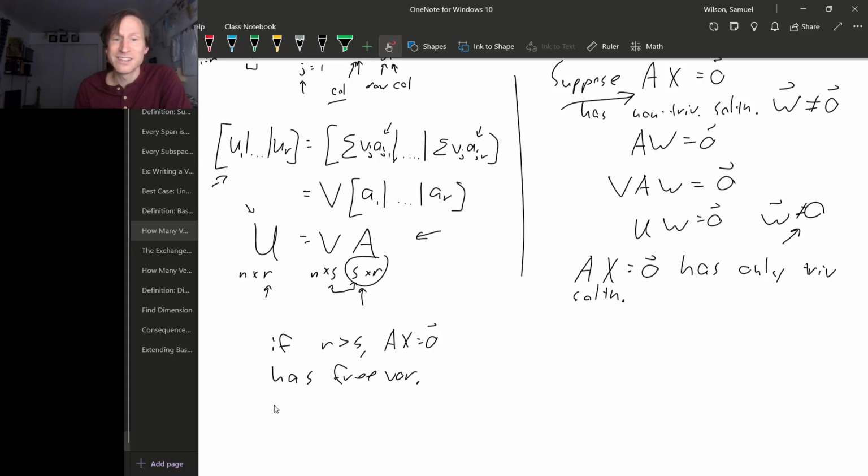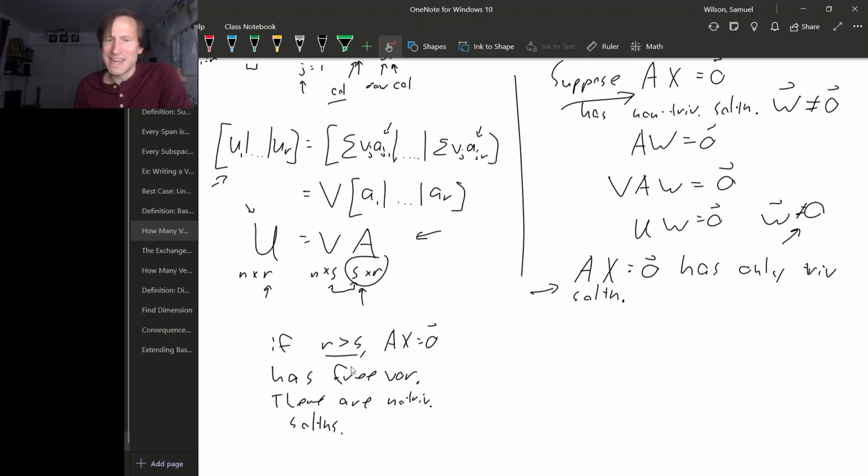In which case there are non-trivial solutions. But we just showed that this equation doesn't have any non-trivial solutions. It has only the trivial solution.